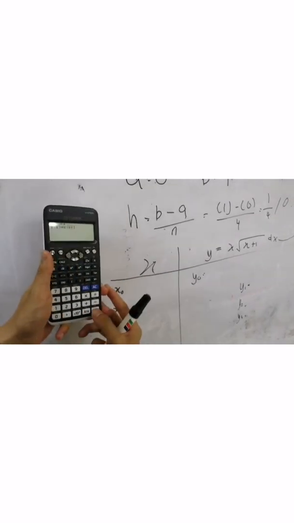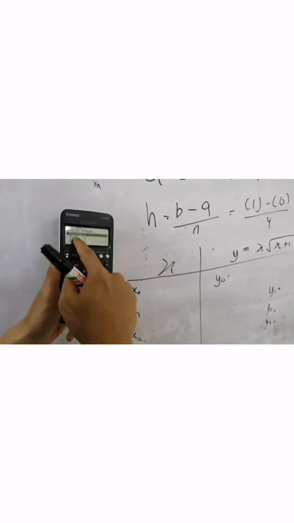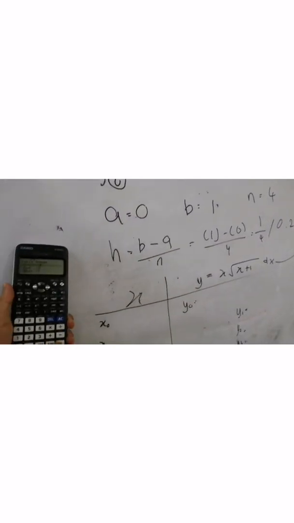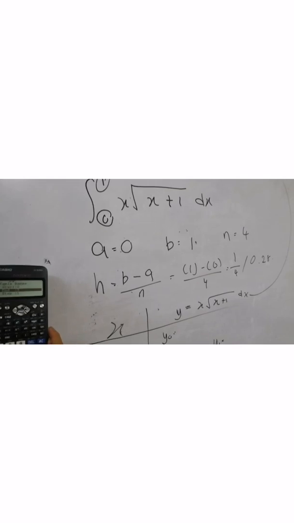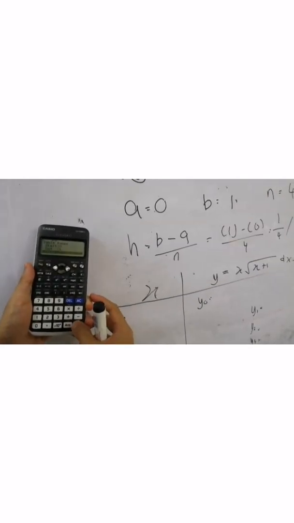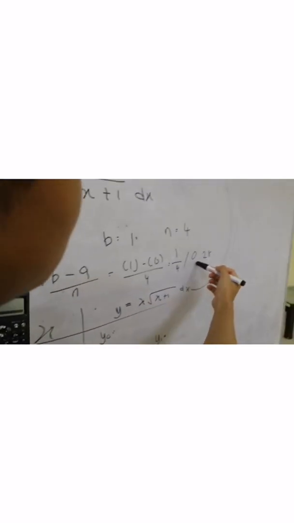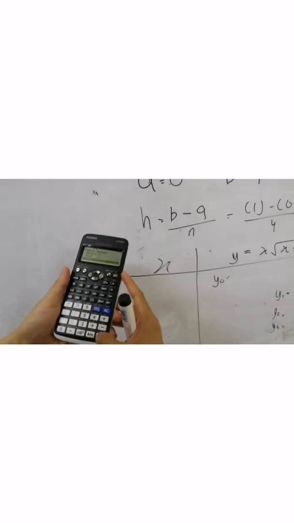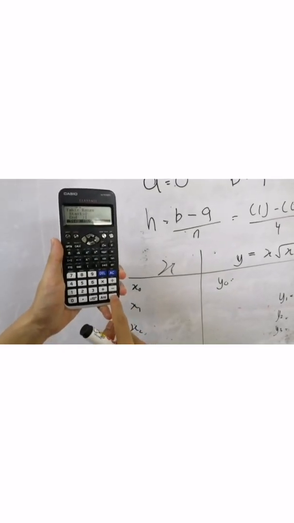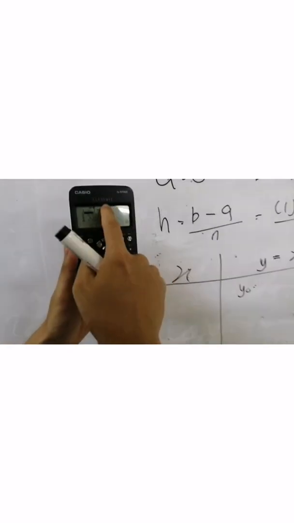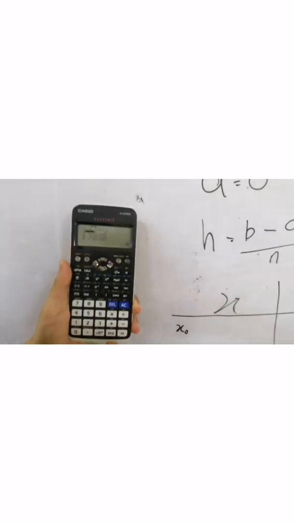Then set the start at 0 and the end at 1, and the step is the answer from h, 0.25.